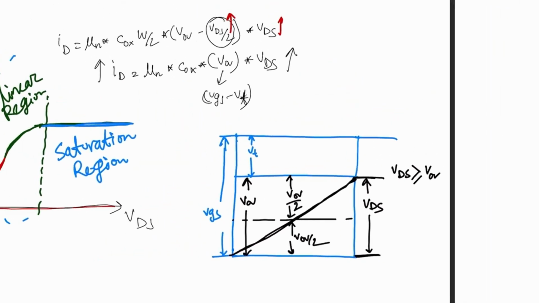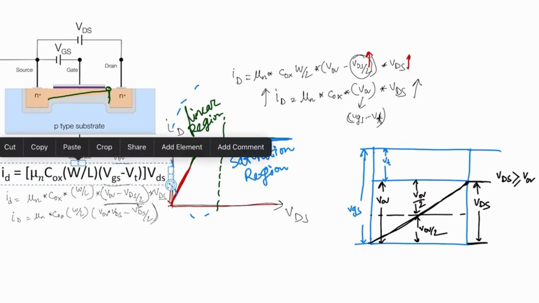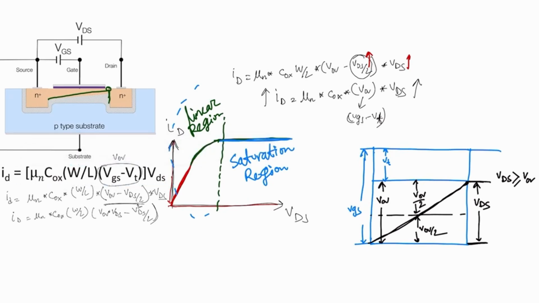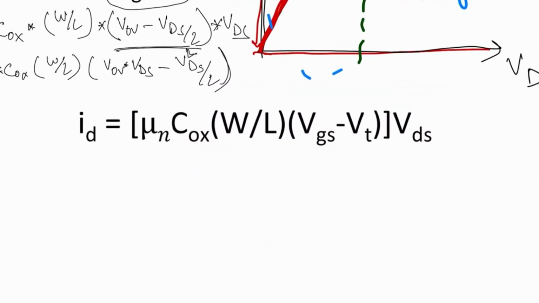So what I need to do? In this equation, I just need to replace this part with VOV divided by 2.